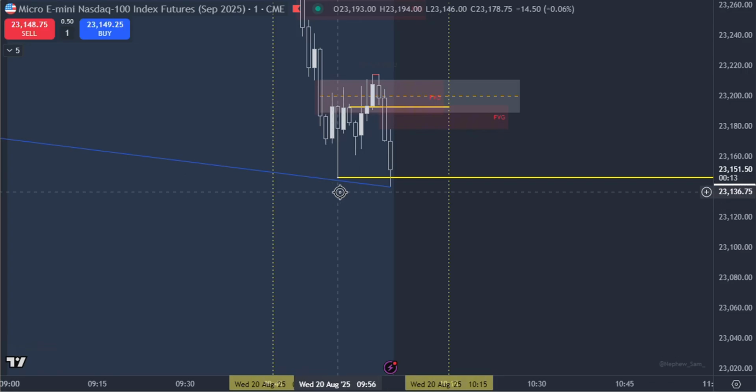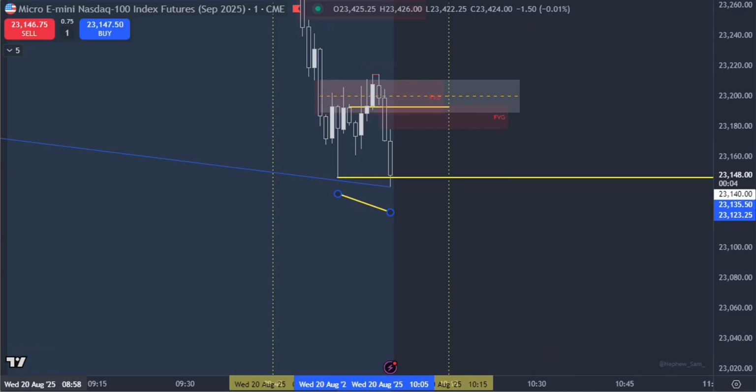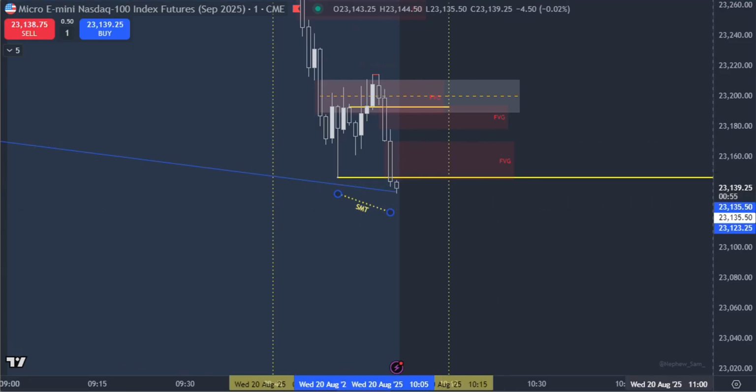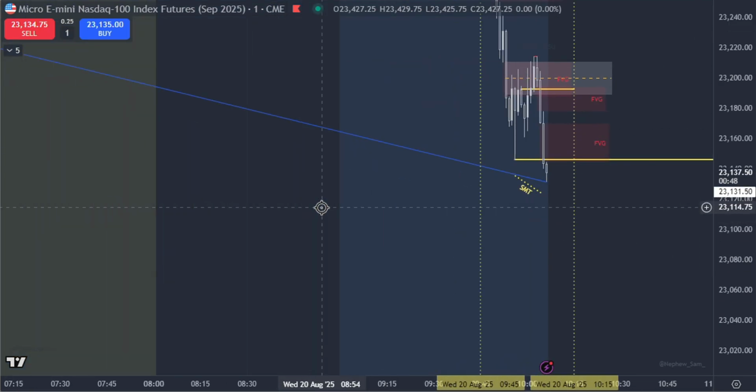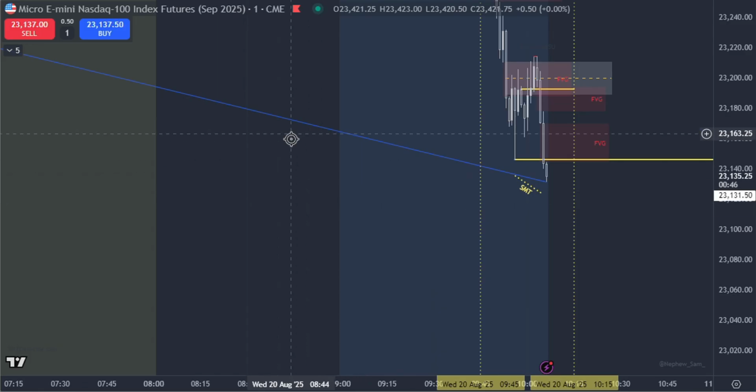The only way I would be looking for shorts, like right here, let's see, we have SMTs now. We have an SMT down here, a previous 90-minute cycle was taken. Let's see, we have SMTs with Asia.